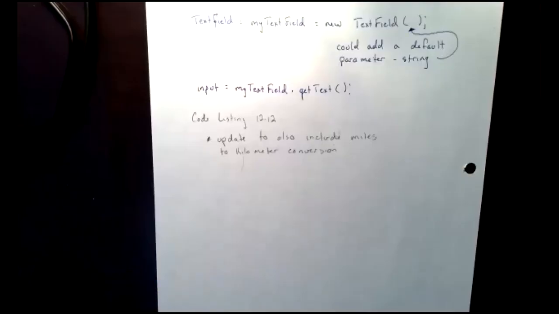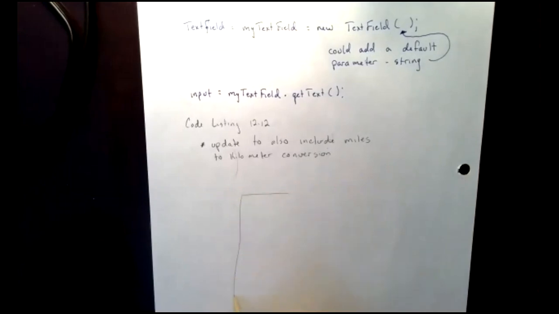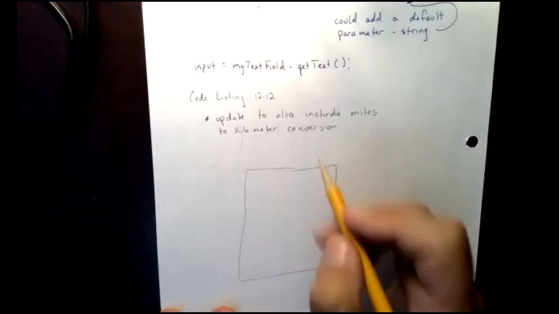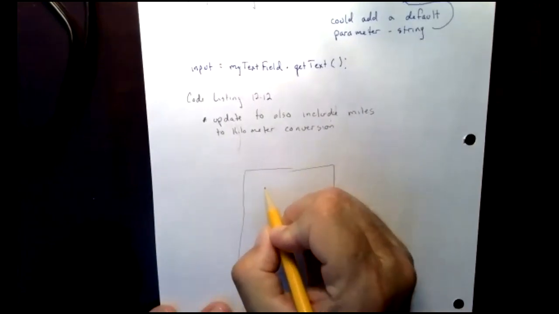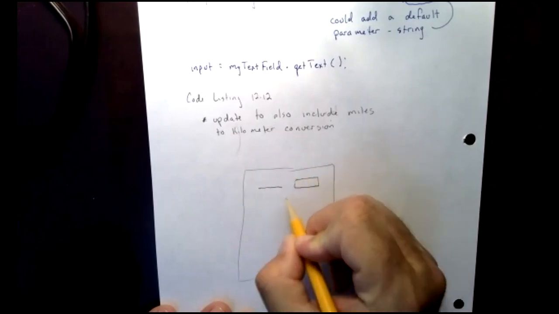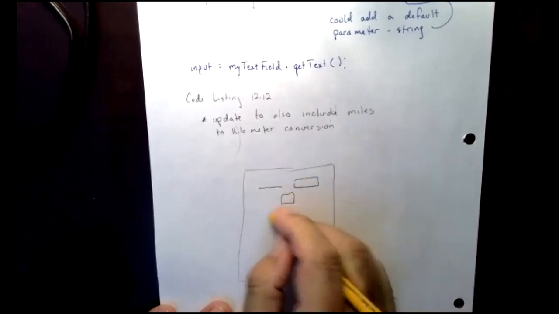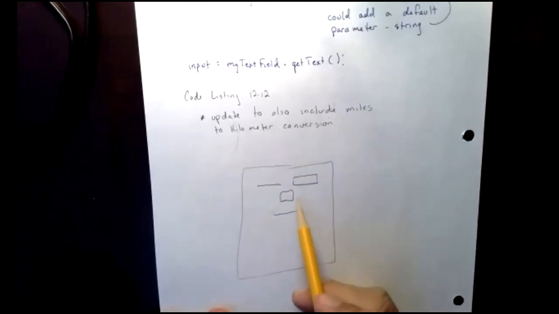Okay, so I need to close that GUI. So just a moment ago, oh, how's that for a perfect rectangle? We had our statement, we had a label, we had our text field, we had our button, and then we had one more label that appeared after I clicked on it.